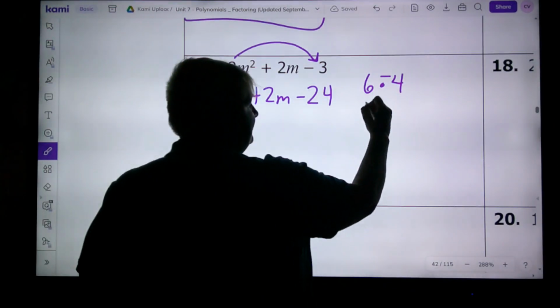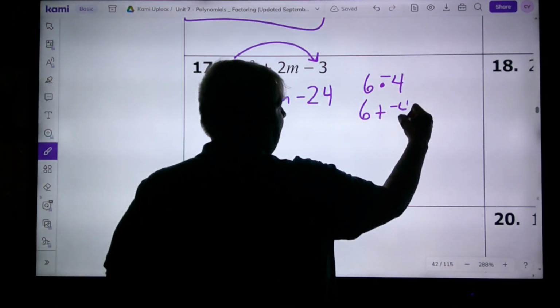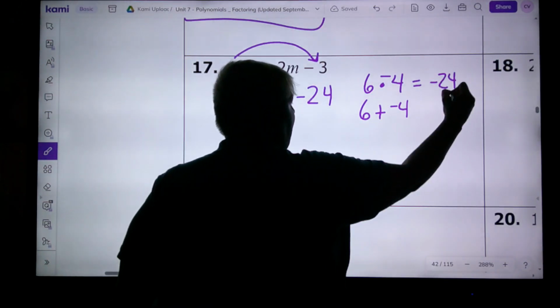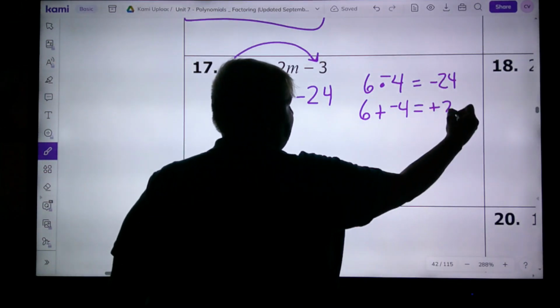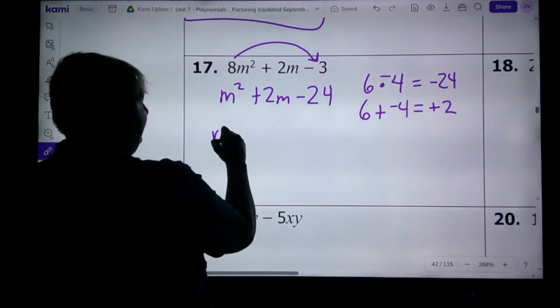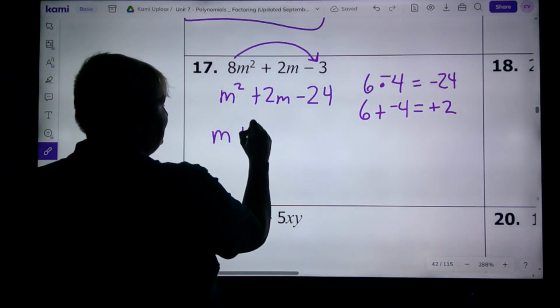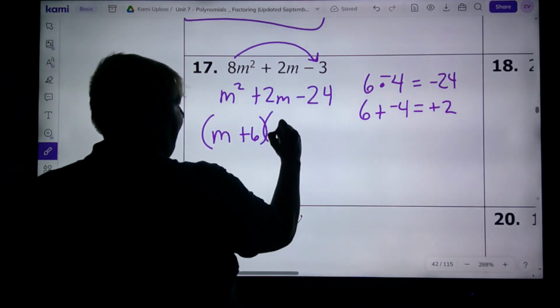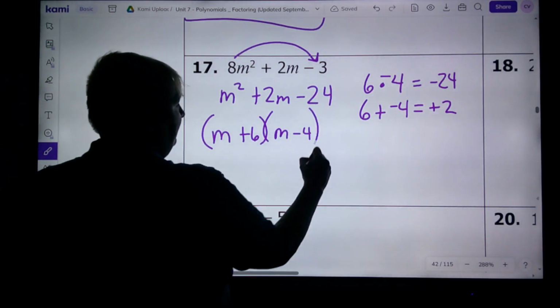Right? So this would give you negative 24, and this would give you positive 2. This is what we needed to do. So we know it's going to be m plus 6 and m minus 4.